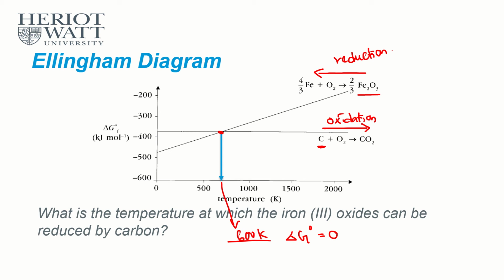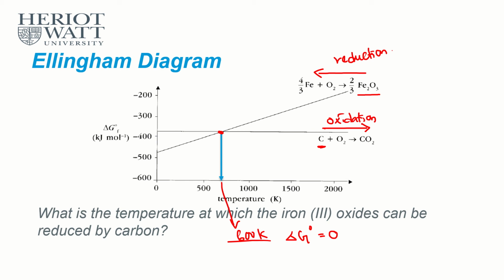The reaction is not 100% feasible, and not 100% not feasible. It's in between. Here they're asking for a temperature at which the reaction is 100% feasible, so they don't want equilibrium. They want a complete, fully feasible reaction.